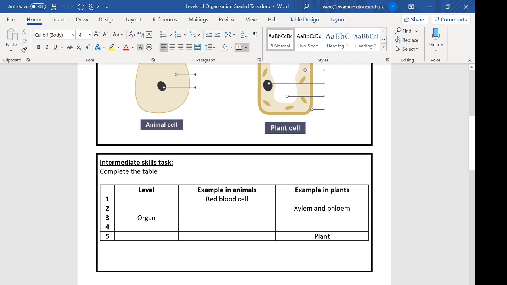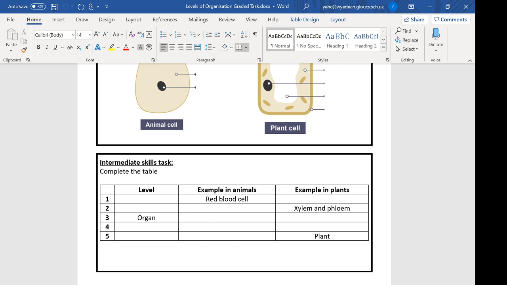So what I've done is I've made this table where, like I mentioned earlier, I've taken some bits out, and I want you to fill in the blanks. Try not to use your notes as much as possible. Try to do it from memory, but obviously if you're stuck, use your notes, use the internet.